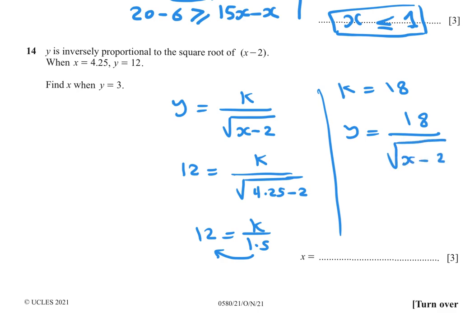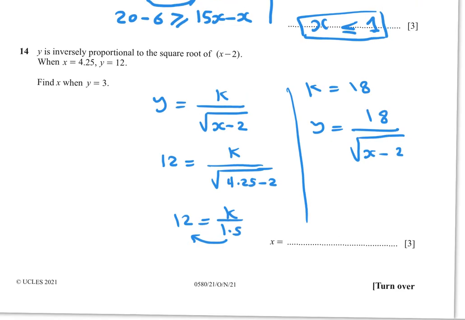We need to find the value of x when y equals 3. So now put y equals 3 to find x. So 3 equals 18 over the square root of x minus 2. Now we can switch between the square root and 3.